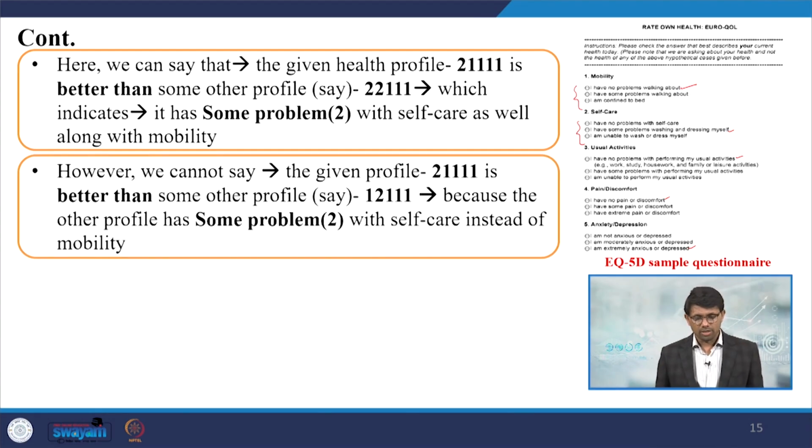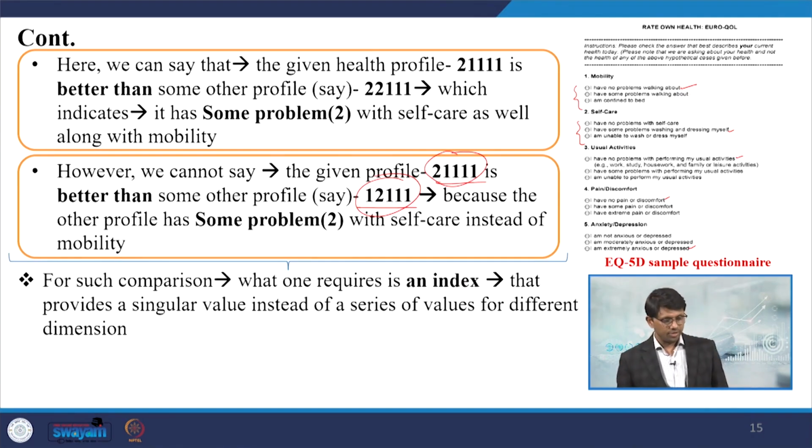However, we cannot say the given profile, 21111 here, is better than that of 12111. The 2 stands for some problem in self care, but in the mobility case there is no problem. So these two cases cannot be compared by any magnitude. We cannot say which one is better, because they have some qualitative reflection in different variables.